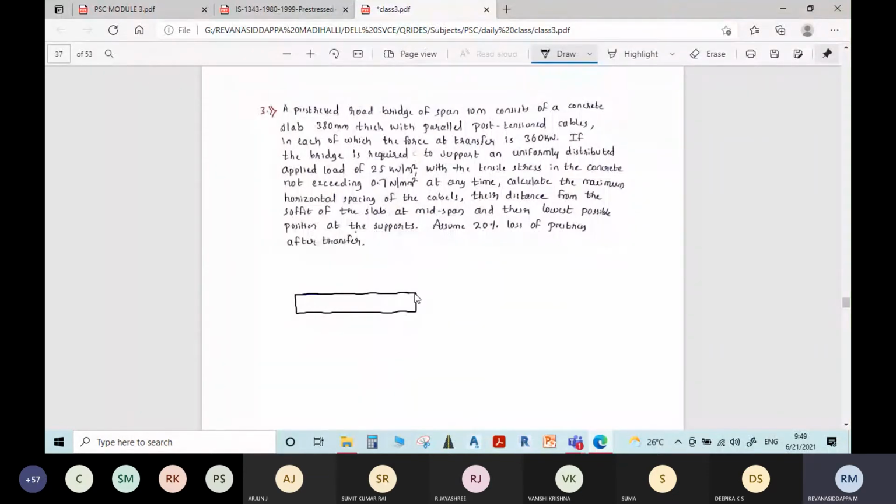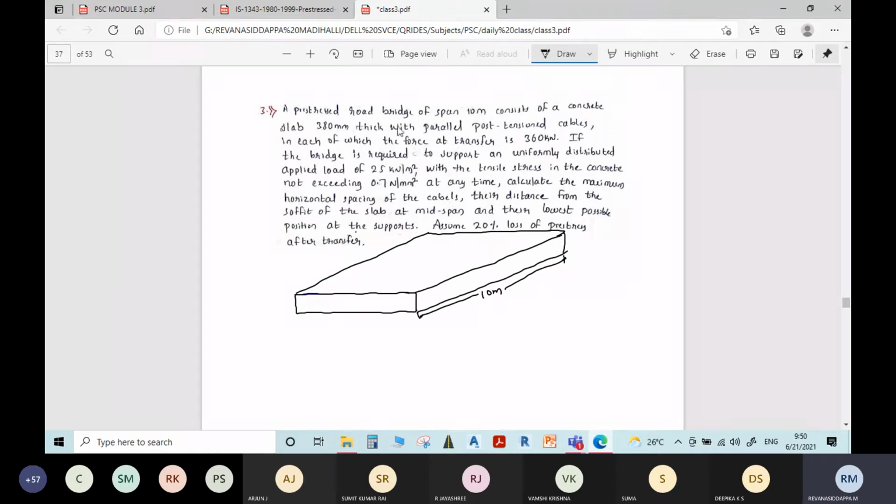Sorry, width of the bridge. The span of the bridge is 10 meter.